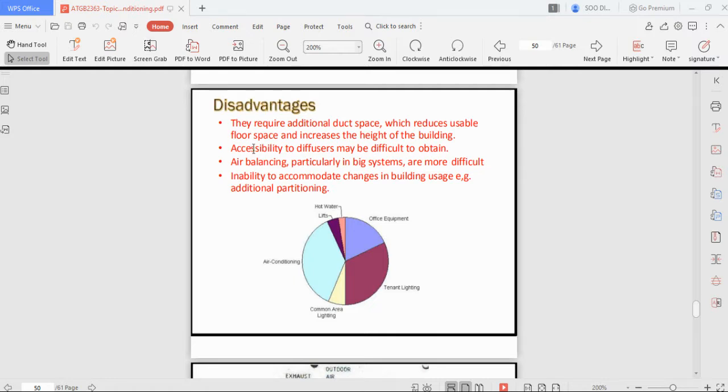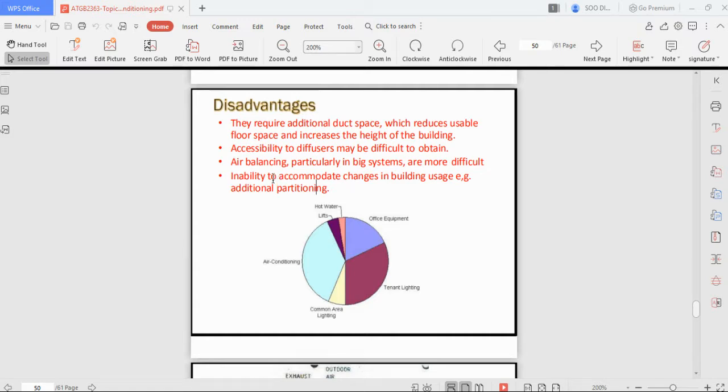And then accessibility might be a problem because the diffuser is located on top of your ceiling, so you need to climb up to service it or to replace it. Then air balancing in big systems is more difficult. So if you have a blockage or you have a problem, then it will be difficult to fix it because it's a more complex system.